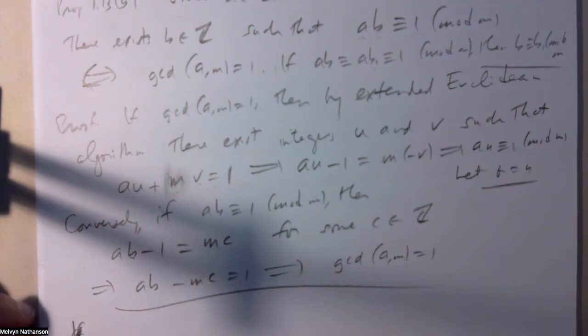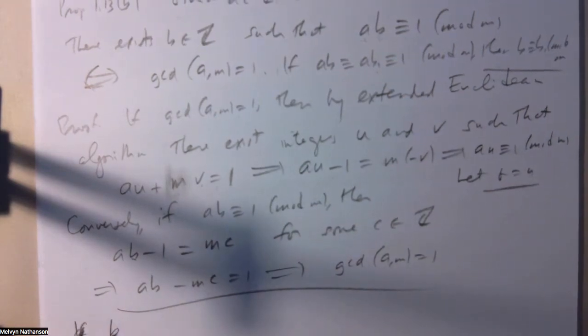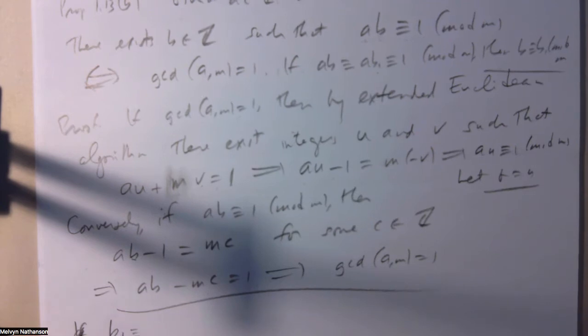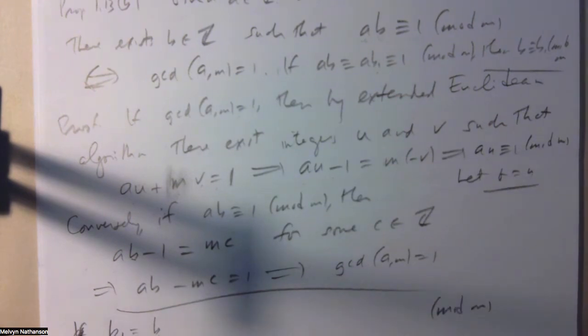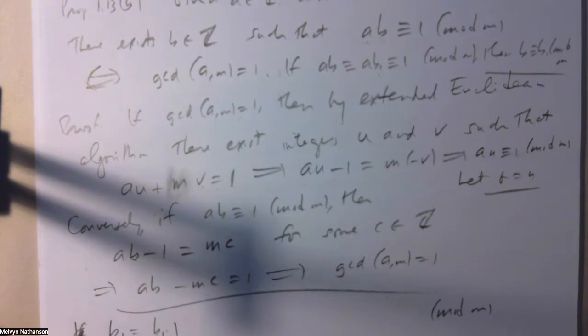And one way to see that is as follows. The number B1, this is all along congruence mod M. So B1 is congruent to B1 times 1. Just B1 times 1 is B1.